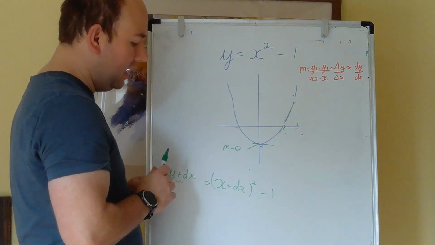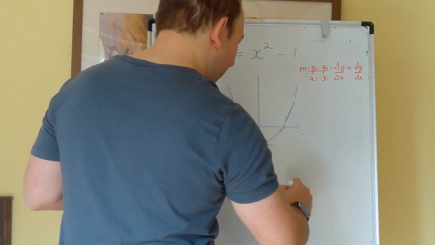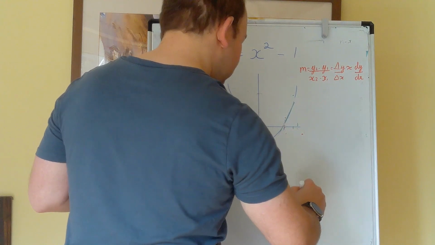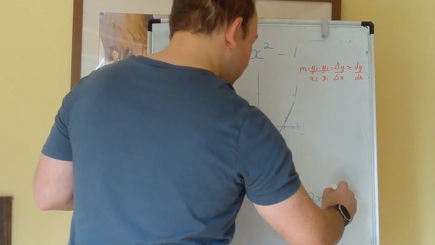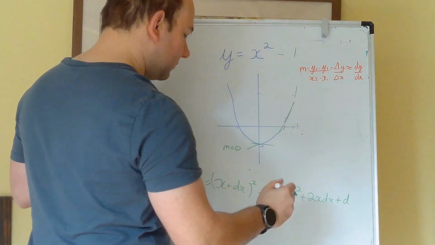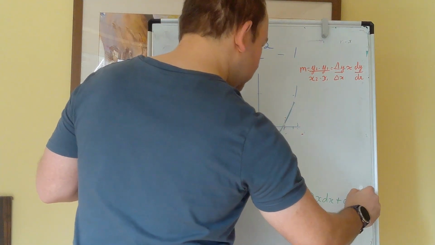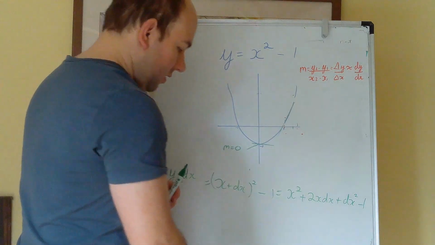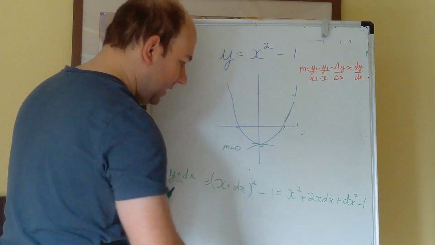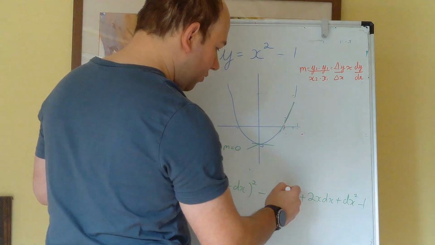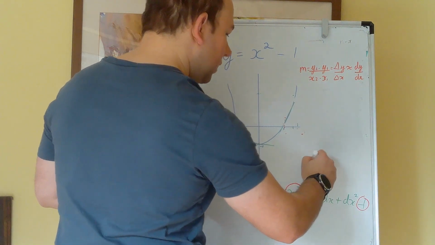So I now have this equation, and what I'm going to do is multiply out this x bracket. So I'm going to have x squared plus 2x dx plus dx squared minus the 1. Right, now what I'm going to show you here is, can you see that the bits I'm going to circle in red is equal to y?